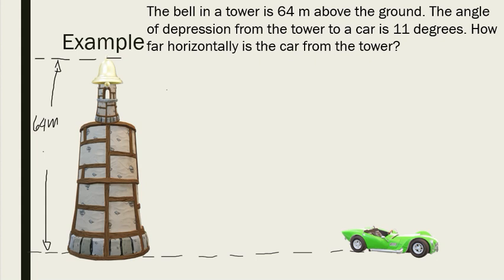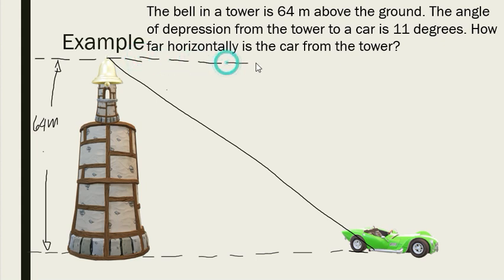And then it says here, the angle of depression from the tower to a car. So there is a line, right? For example, this is your line of sight, and then you have a line here. Let's draw a line to your car. Remember, it says the angle of depression.